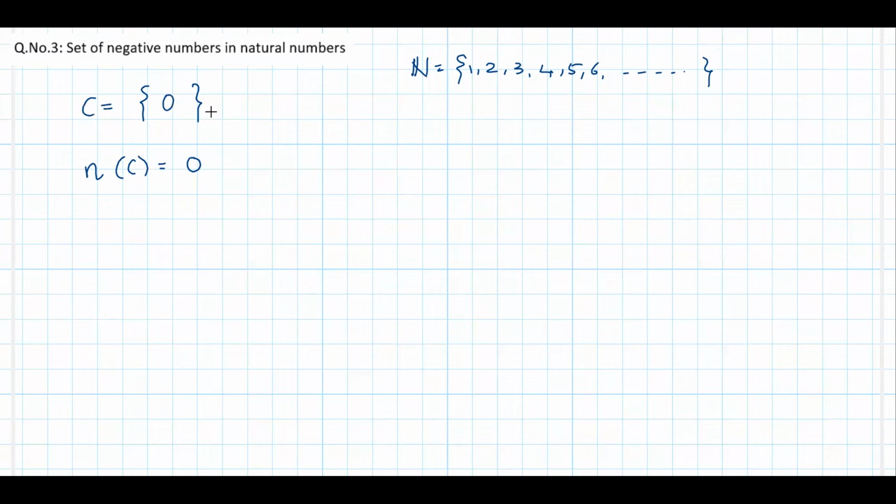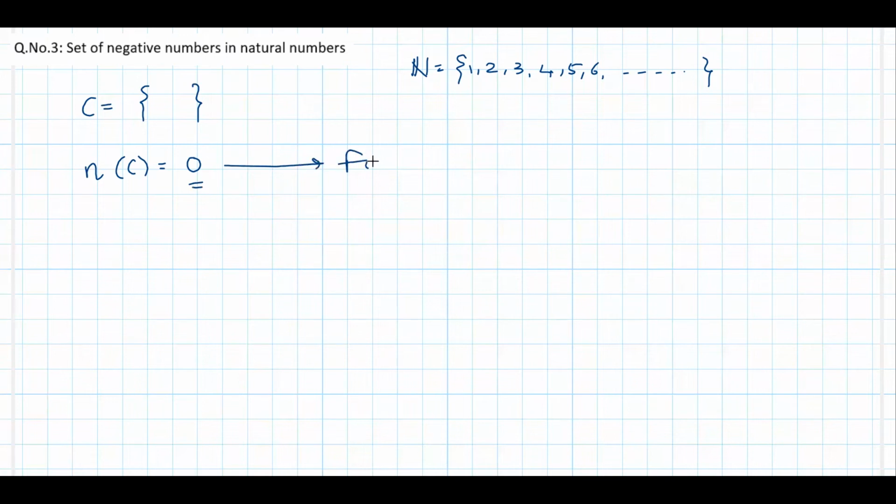But it doesn't make sense, right? So 0 is neither positive nor negative, first of all, and it does not belong to natural numbers, right? So this contradicts the truth that it does not belong to natural numbers and it is neither positive nor negative. So what we do here, we do not write anything. So that's how we have to leave it. But the cardinality is 0 here. Agree? So we could say the count is 0.